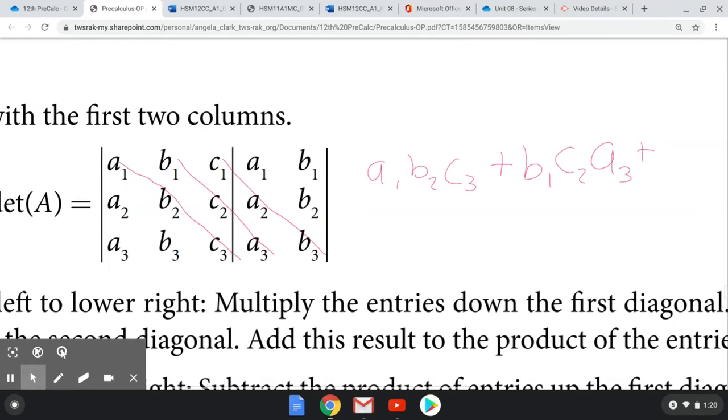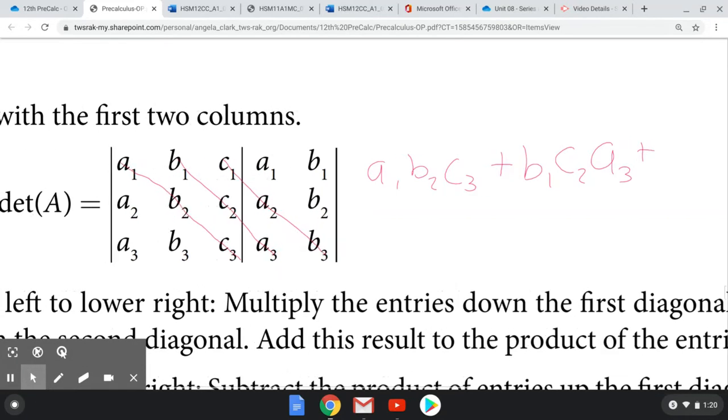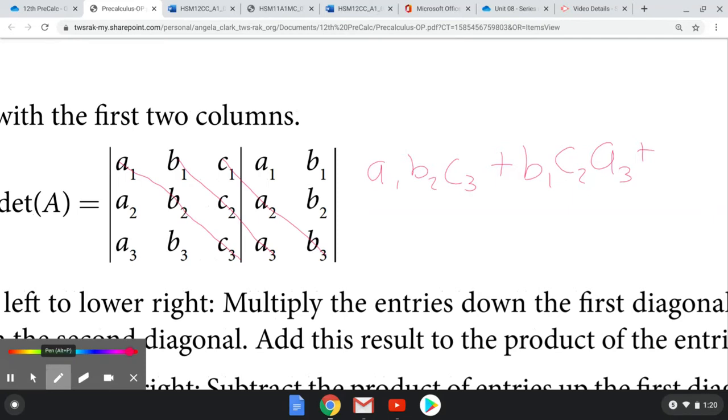Okay, I'm just going to go off the screen a little bit. Plus C1, A2, B3. Okay, so those are our first three diagonals.